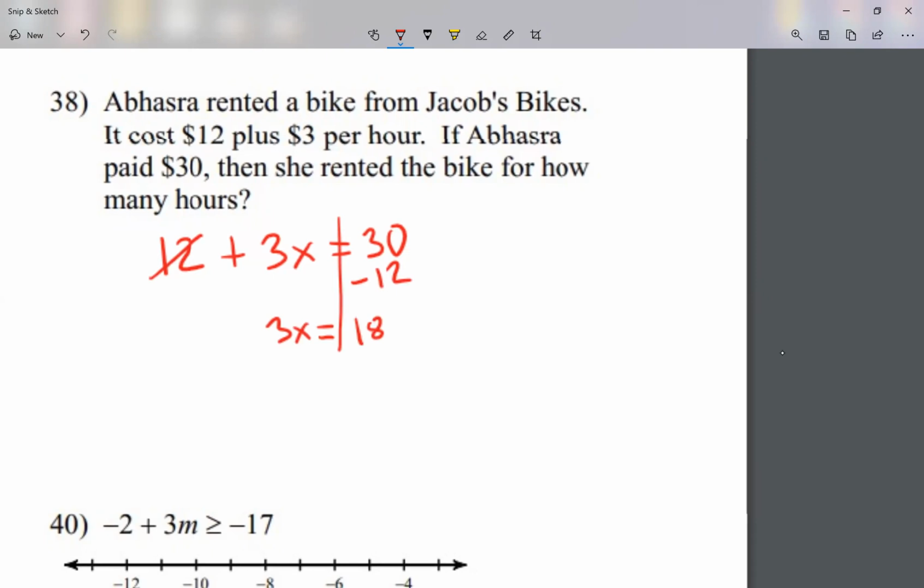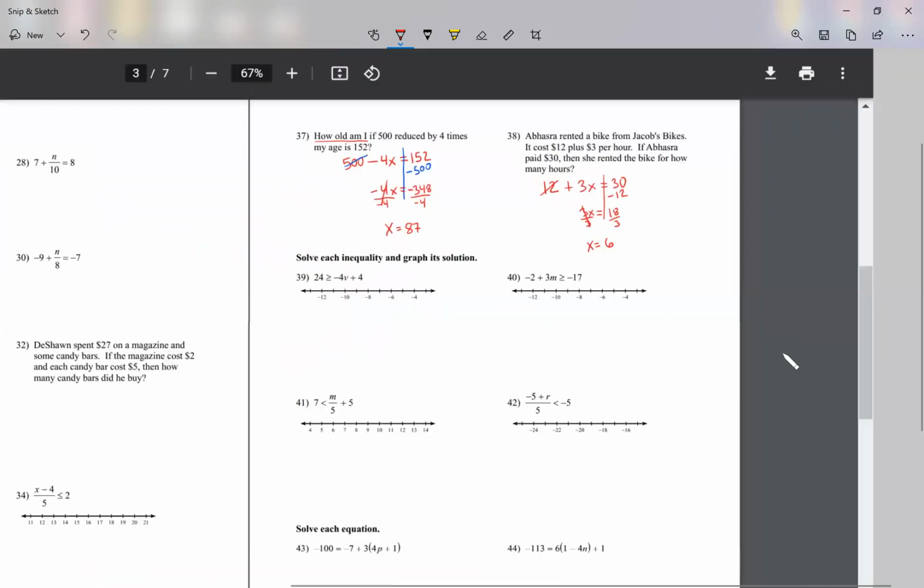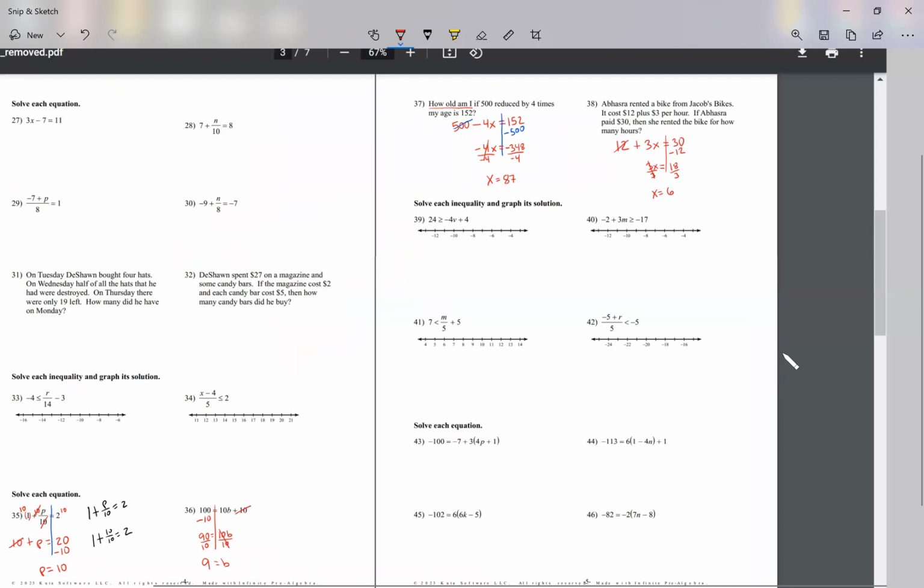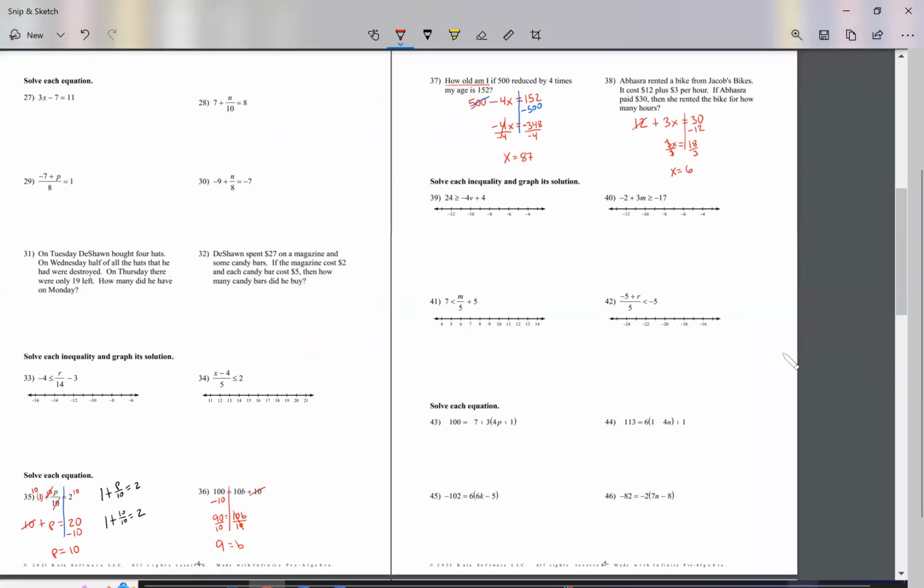To get the x by itself, let me divide by the number in front of x, in this case 3. So I get x equals 6, 18 divided by 3. So she rented the bike for 6 hours. Let me zoom out so you can see what we did today. That's what you should have in your notes.